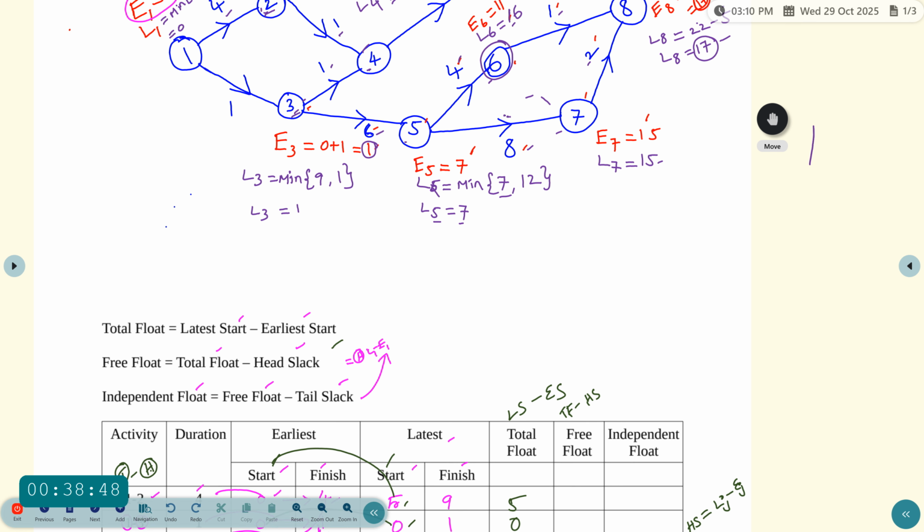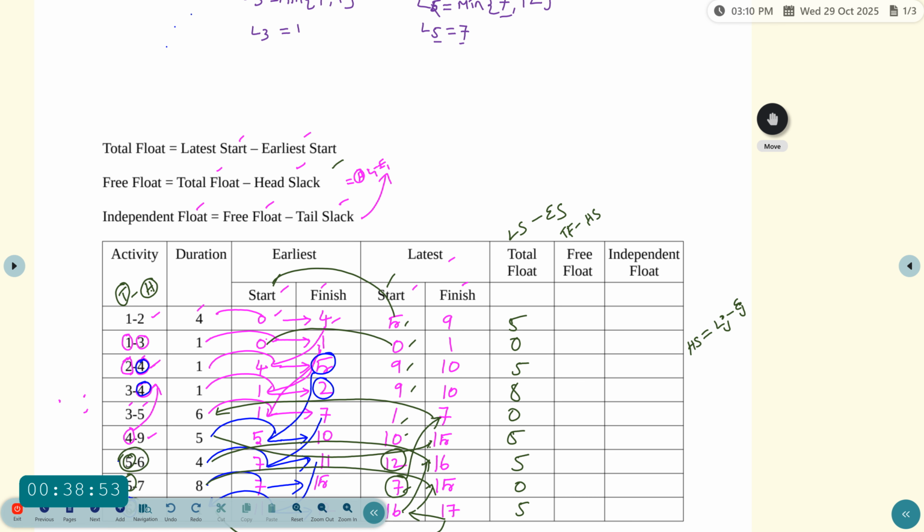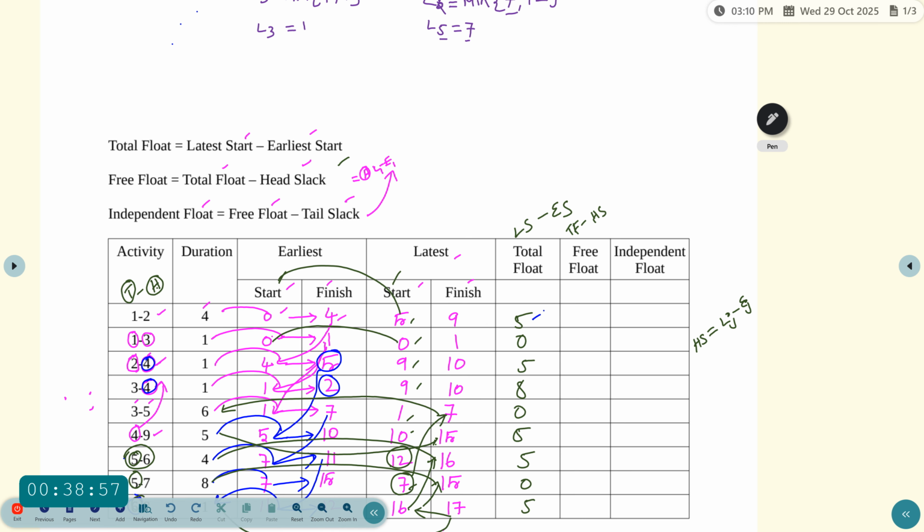See the table column. The total float value is already 5, and then minus head slack: 5 minus 5, which is equal to 0. Similarly, go to the next activity, which is 1 to 3. See the figure.